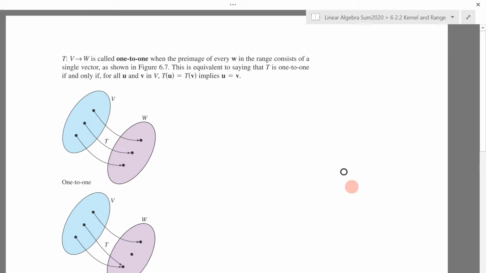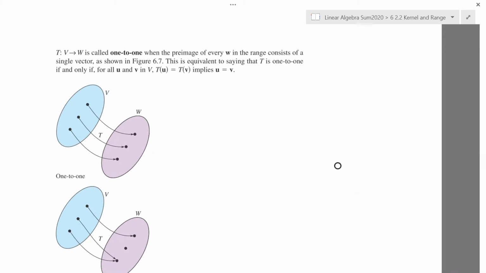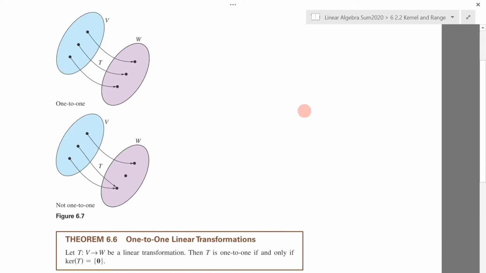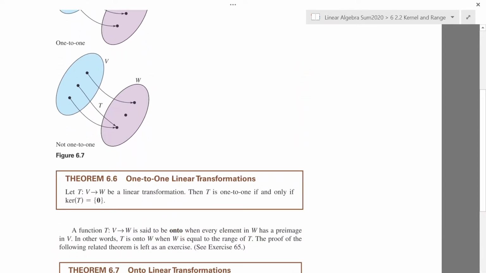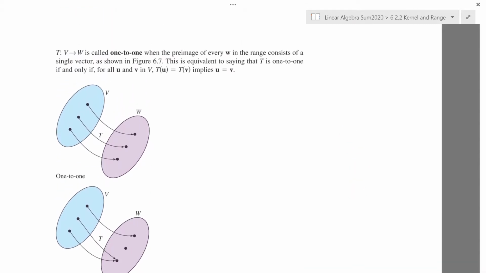Okay, so on this last page of this section, we discussed two more properties of linear transformations. The first is called one-to-one, and the second is called onto. We'll see that one-to-one is related to the kernel and onto is related to the range. A function is one-to-one if the preimage of every element in the codomain is exactly one element in the domain.